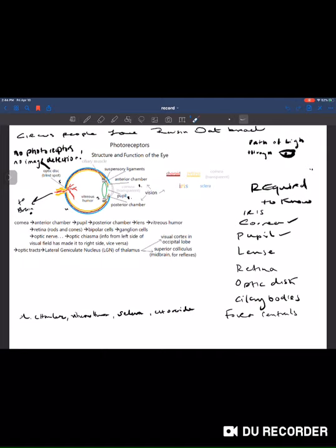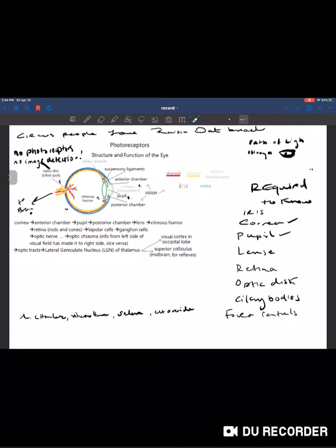The fovea centralis, which is in the back of the eye, is a little divot that exists in the back of the eye. The majority of light focuses here. And the fovea centralis is useful for visual acuity. So just think, fovea centralis, focus, light.